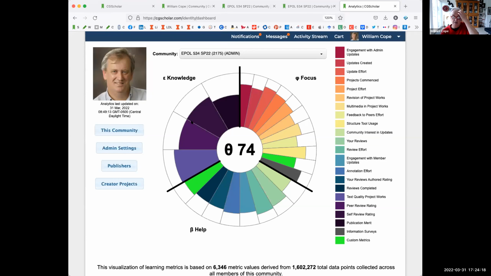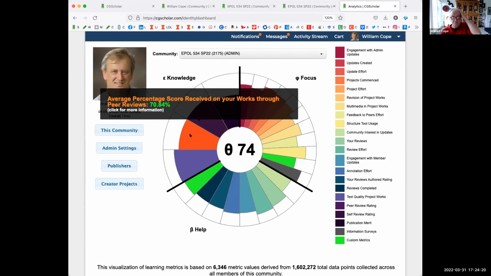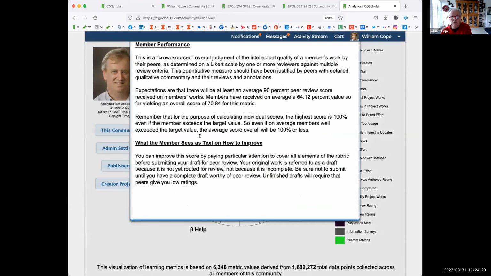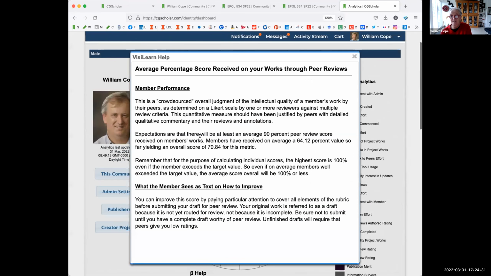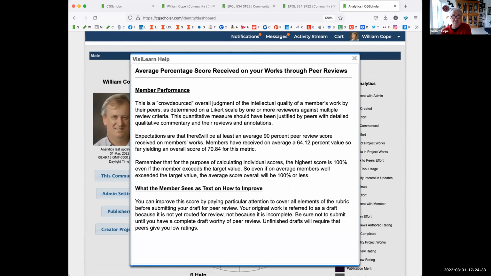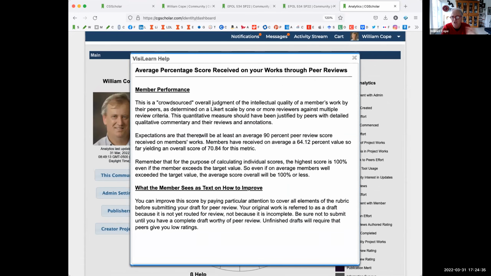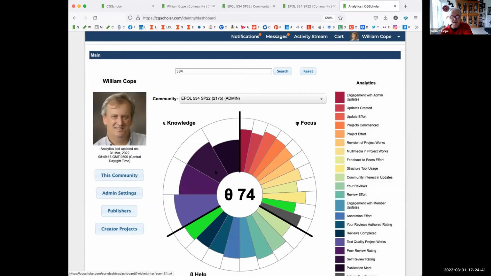See here, this is the peer review scores on some work that you've done. When you click that, you get a full explanation. In fact, this is crowdsourced human judgments: we've got a rubric and people are judging what you're doing, making comments on what you're doing. So this is the rationale behind this particular metric.